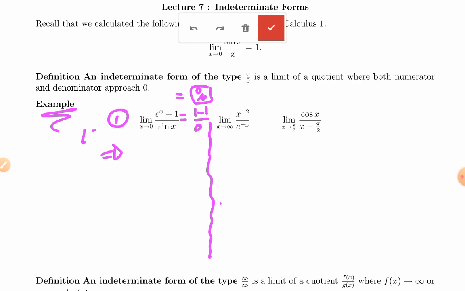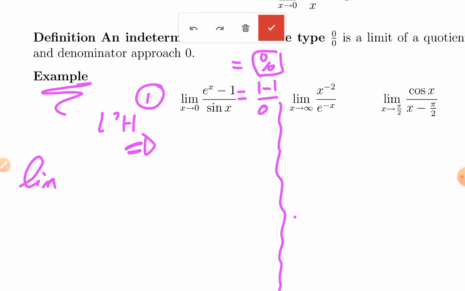So let's apply L'Hopital's rule. Differentiate the numerator, and find the derivative of e to the power of x. So here the answer is the limit as x approaches 0 of the derivative of e to the power of x, which is the same, e to the power of x times 1, or e to the power of x.